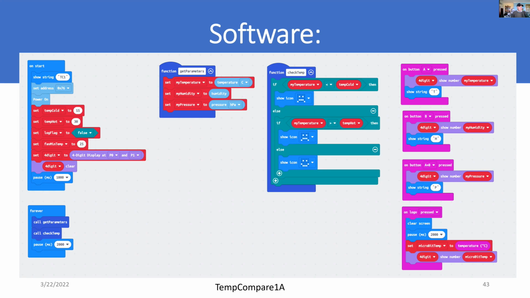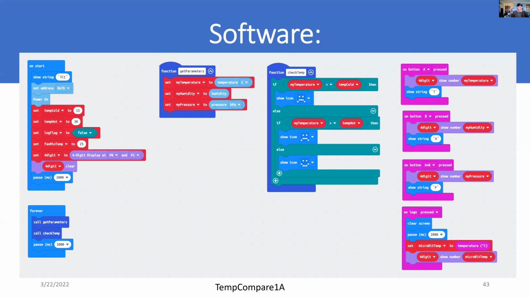So we won't be logging to the serial port, but we will select now: if you press button A, we'll select temperature from the BME 280, select humidity by pressing button B, and by pressing button A plus B, we select pressure.